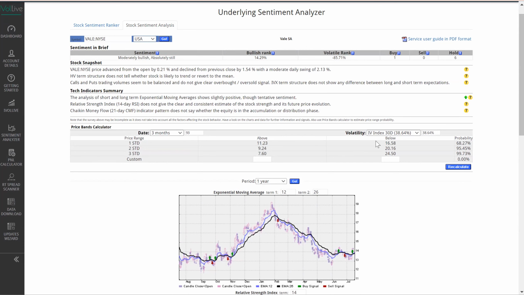These are the share prices that we're talking about. And then here's the percentage probabilities. You can also do custom, so you could say, all right, well, 3 months from now, what's the likelihood of this thing being above 12 but below 15, for an example.